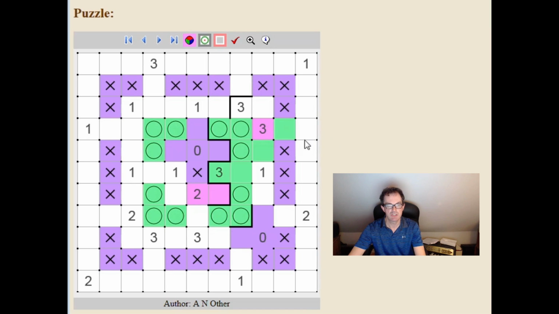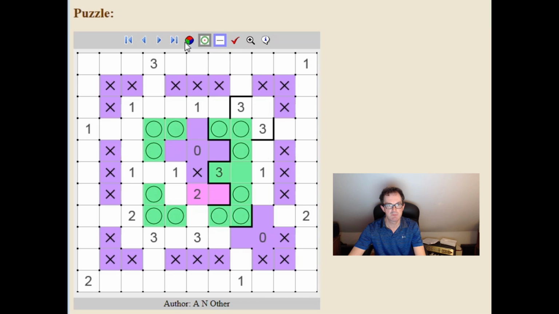This representation here is not possible, because if we think about how the loop would have to move, it would come round here and round here, and this dot where the cursor is now has been visited by the loop twice, and that is not permitted. So what we can do is we can unwind that. That's not going to be the case.